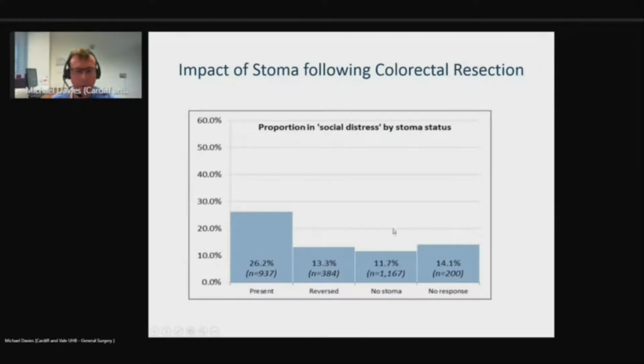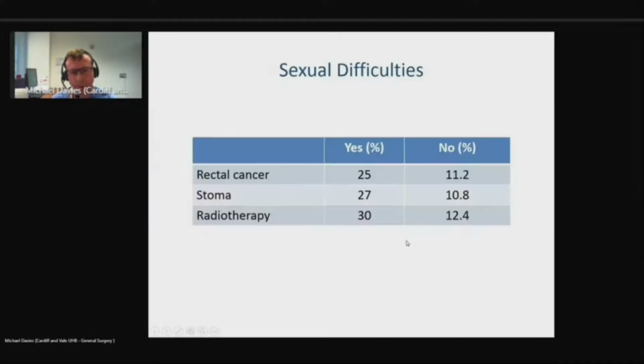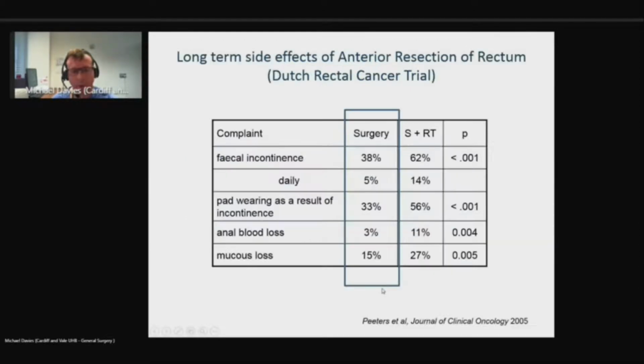Many were socially distressed by the presence of a stoma. Many had sexual difficulties, 25% in rectal cancer. And if we look at this data from the Dutch rectal cancer trial, which looked at radiotherapy and surgery for rectal cancer, a very significant percentage of patients had real functional problems.